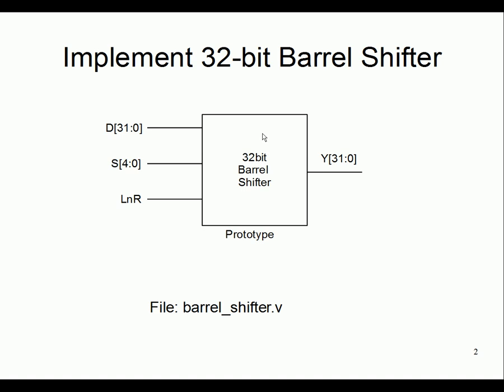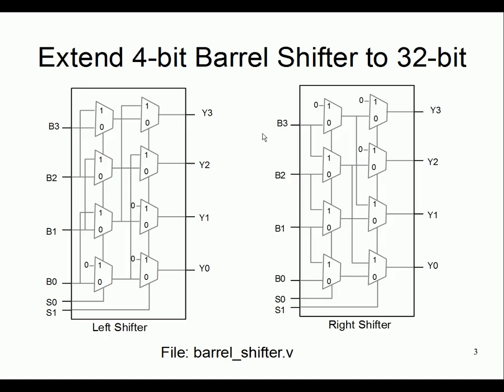So this is my overall module description. And we already started a 4-bit barrel shifter here, right? Now extend that to the 32-bit barrel shifter.